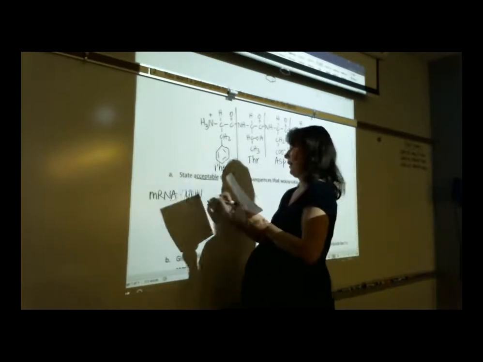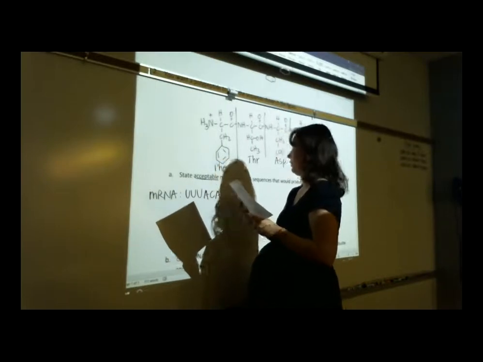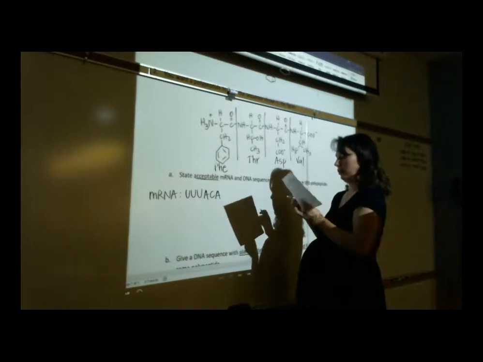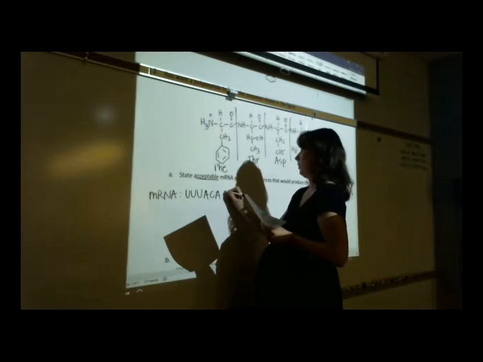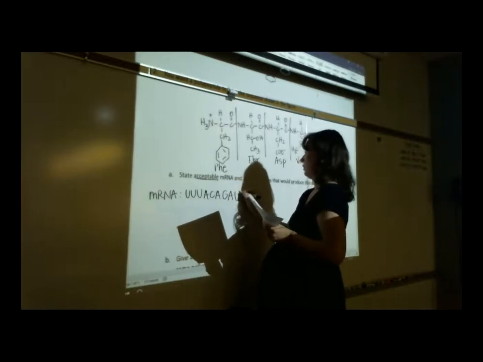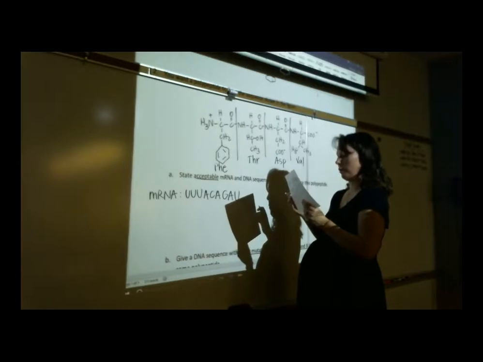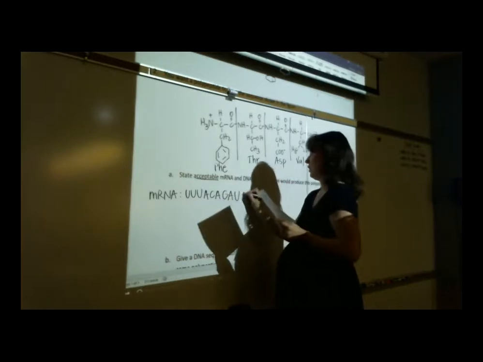I'm going to pick ACA. For aspartic acid, let's see, there are 2 choices. I'm going to pick GAU. For valine, there are 4 choices. I'm going to pick GUG.